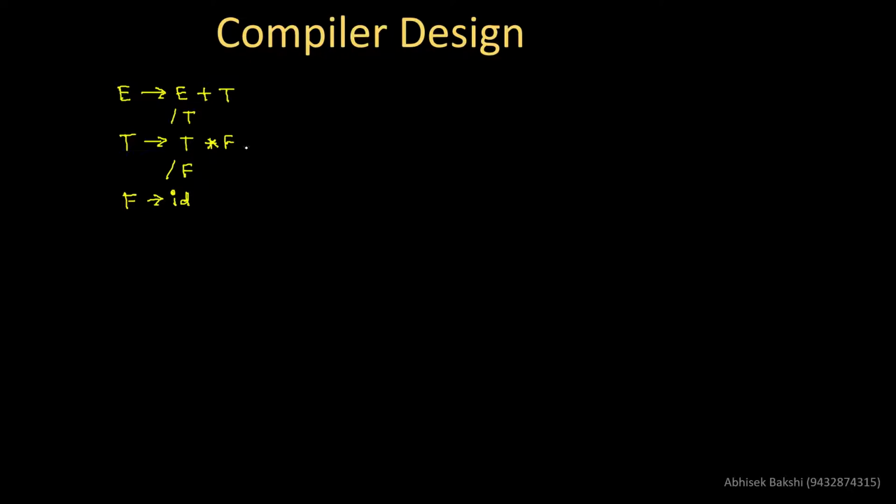So if we have a production rule like this, what you can basically generate is any form of expression having addition and multiplication, right?